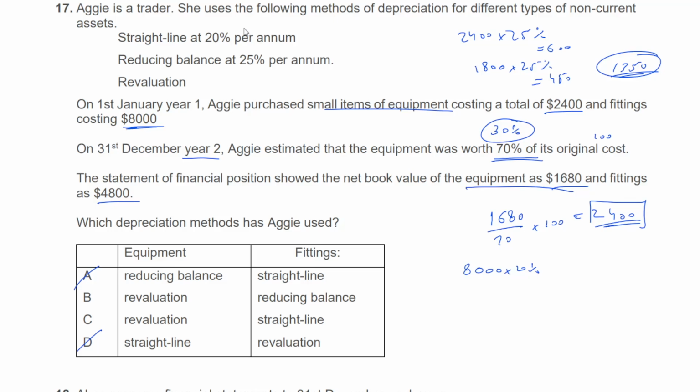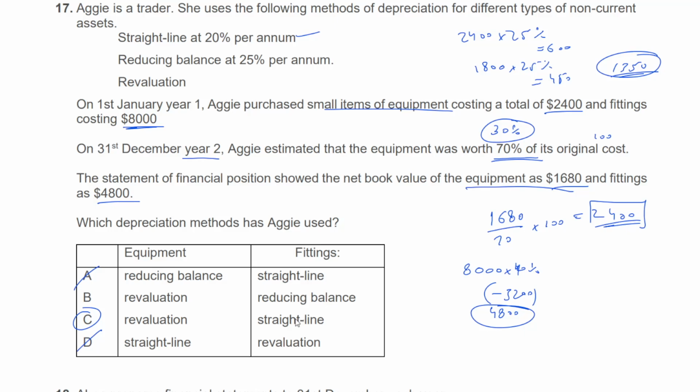Let's try the straight line, or let's just simply take 40% because it's going to be 20% each year. 3,200 is the depreciation charge on the fittings based on straight line. We are testing straight line. 8,000 minus 3,200 is 4,800. And that works. So it is straight line for the fittings.